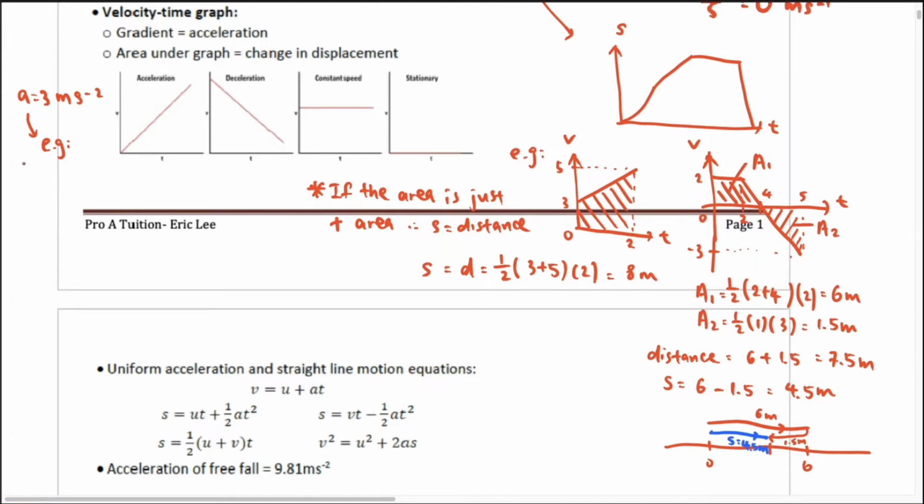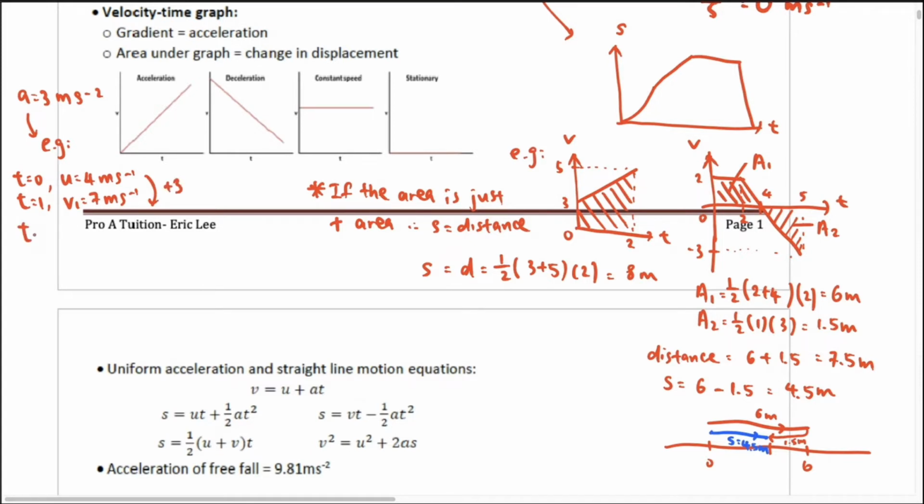So let's say, for example, initially the speed is, let's say, 4 meter per second. So after 1 second, you should expect it to increase by 3 meter per second. So should be 7 meter per second. It increases by 3.